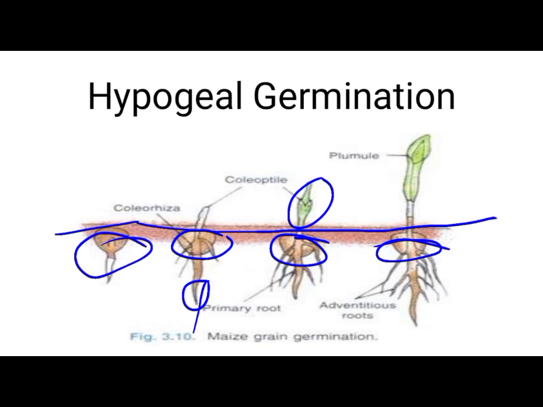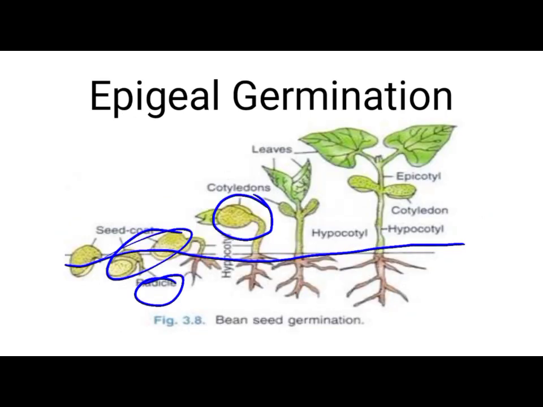Unlike hypogeal, where the cotyledon remains below the soil, in epigeal the cotyledon is carried above the soil, and then the first leaf emerges from the midst of the cotyledon. You call that the first foliage leaves. You can see this before the cotyledon eventually drops off. So it is usually carried above the soil while the root grows downward. So that is epigeal germination.